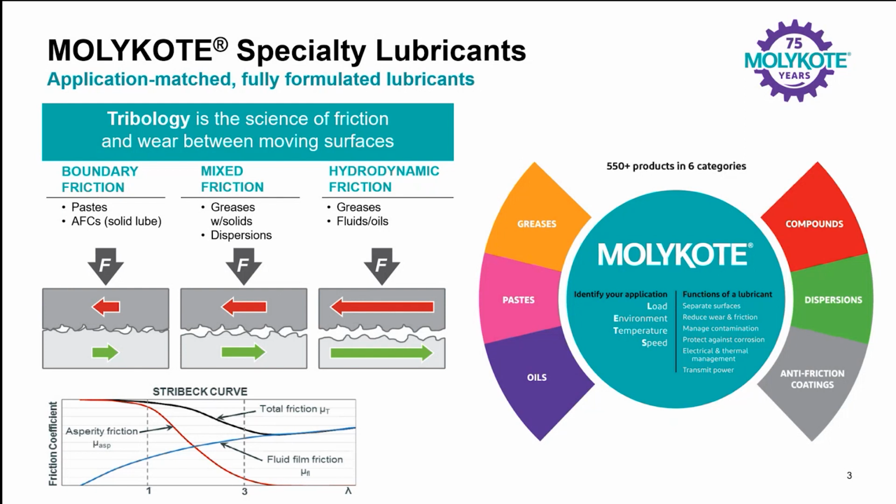So this is where you're going to want to rely heavily on solid lubricants, things like pastes and AFCs, to ensure that your surfaces are separated and you can reduce wear between those substrates. And then in the middle, we have mixed friction, which is where we'd usually use greases with solids or dispersions, something that works in both sides of this friction range.